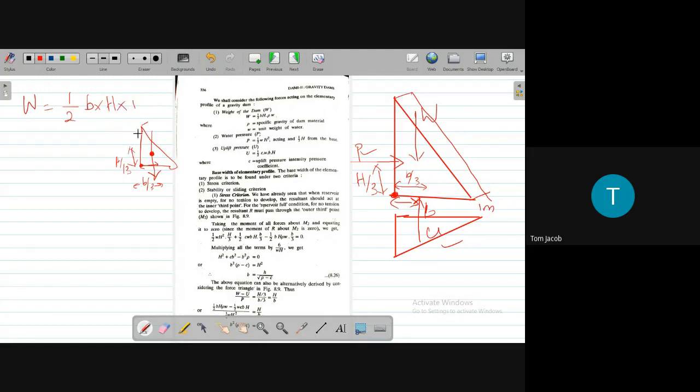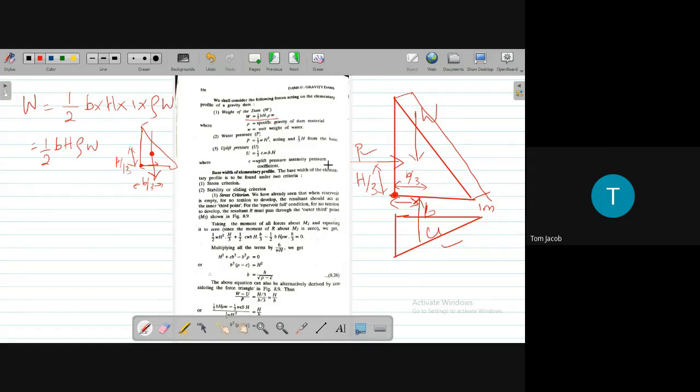That is the volume multiplied by the specific weight. The specific gravity of the dam material is taken as rho, and the unit weight of water is W. So W is equal to half B H into rho W. That is the force due to self weight.